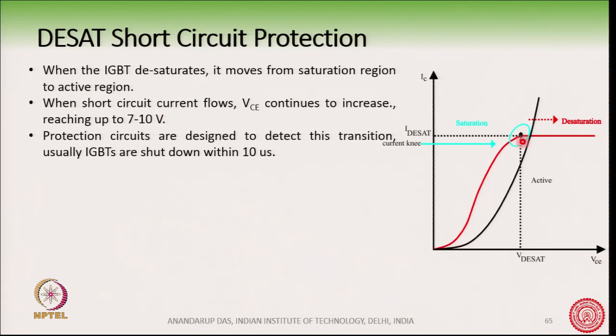the characteristics typically looks like this, maybe a slight upward slope here, but more or less the characteristics looks like this. So, normally the IGBT is operating in the saturation region, because we would like to have the minimum voltage drop across it when it is fully turned on.